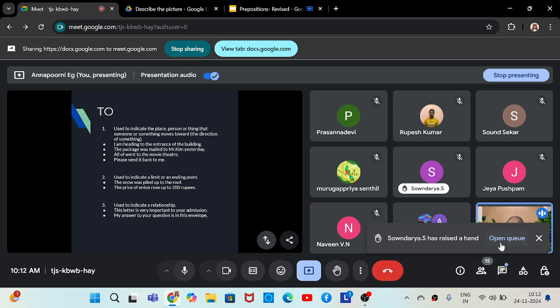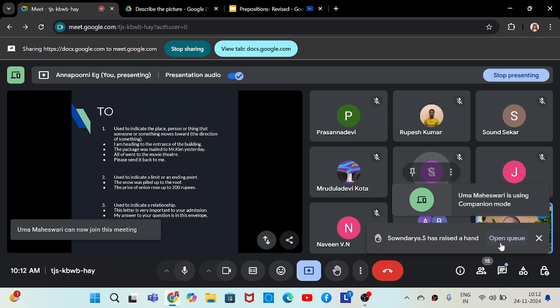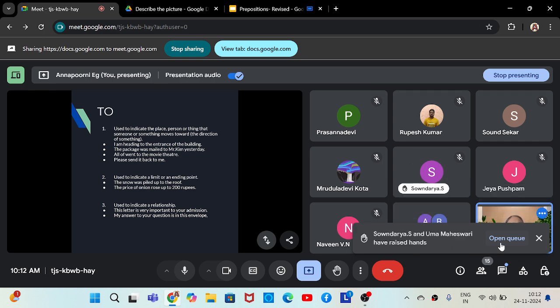Similarly, the price of onion rose up to 200 rupees. What is meant by rose? R-O-S-E, rose. Is it the rose flower? Past tense of rise. Exactly. It is the past tense of rise, R-I-S-E. There is a word called R-I-S-E, right? So R-I-S-E's past tense is R-O-S-E, rose. Rise, rose, and what is the V3 form?